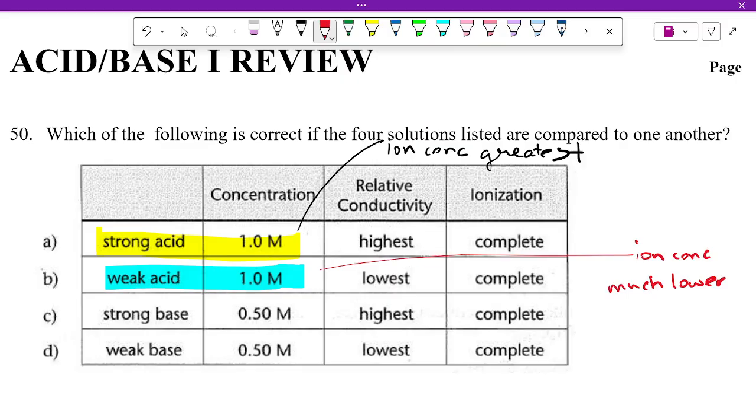Okay, our weak base would be much, much lower.